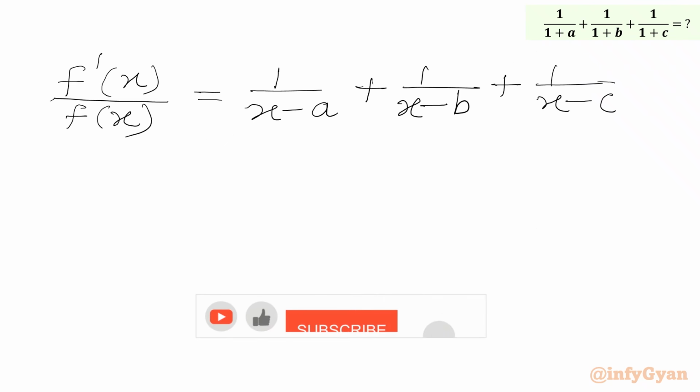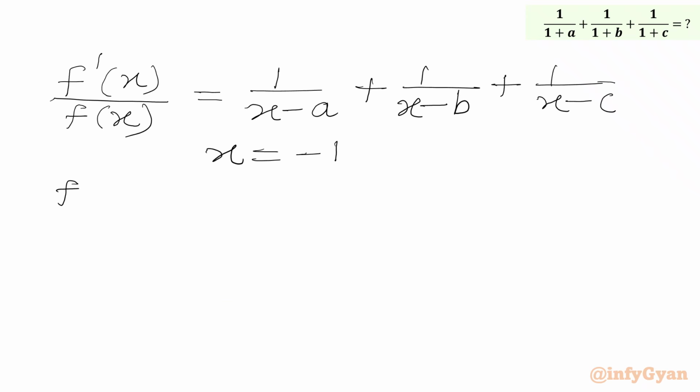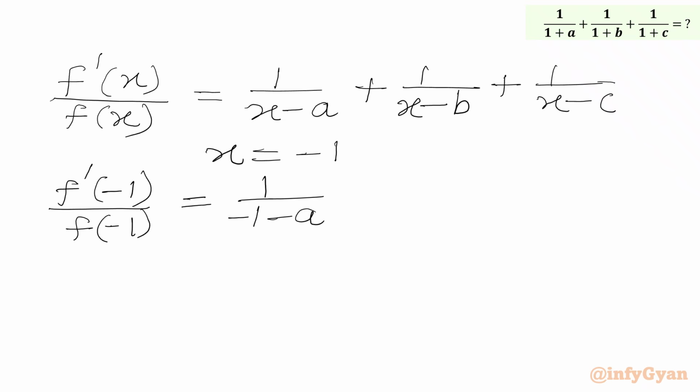I will write the equation once. Now we will put x equal to negative 1. So we can write LHS f prime of negative 1 over f of negative 1 will be equal to 1 over negative 1 negative a plus 1 over negative 1 negative b plus 1 over negative 1 negative c.